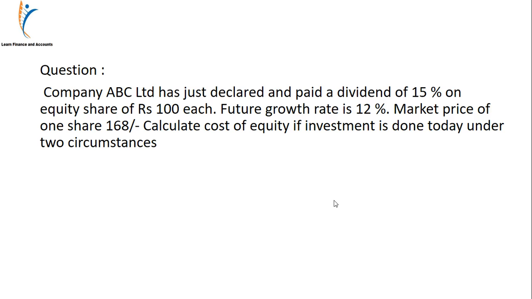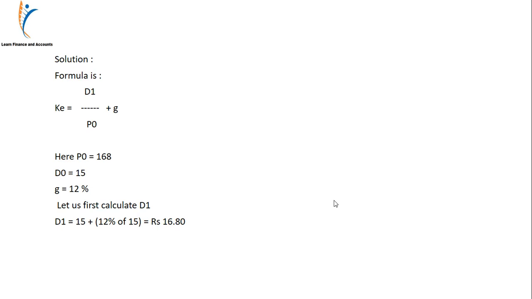Calculate cost of equity if the investment is done today under the two circumstances, which are with growth and without growth. So solution in case of with growth, the formula becomes KE is equal to D1 divided by P0 plus G. P0 is 168, D0 is equal to 15, G is equal to 12%. Now let us calculate D1.